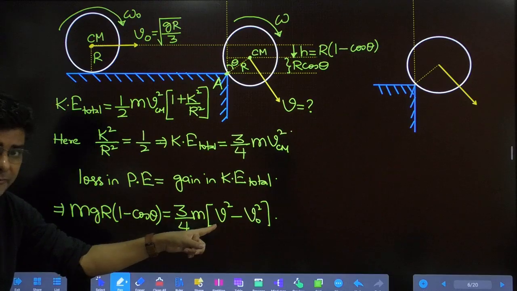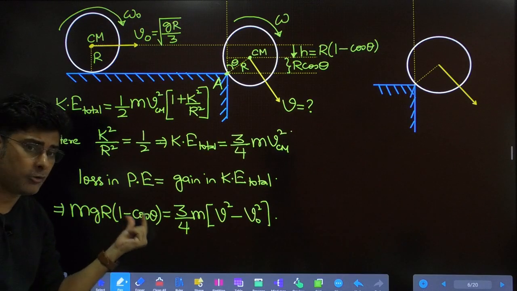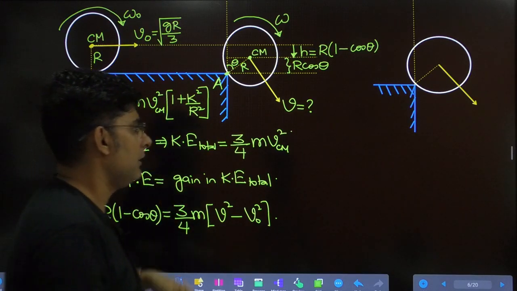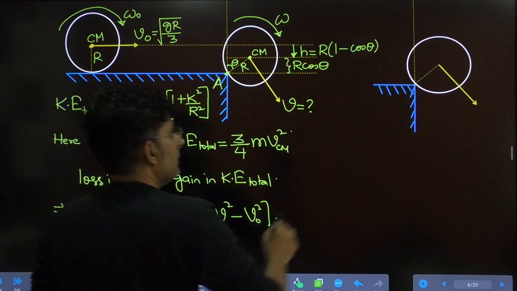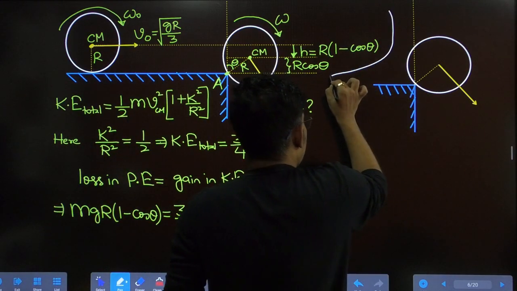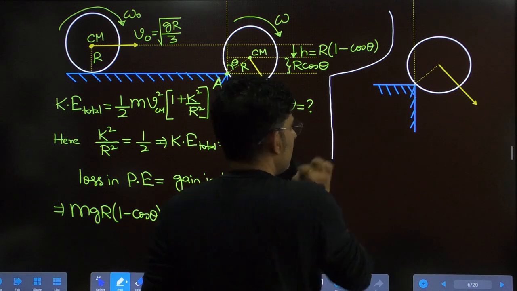Everything is known, we have to find V, but we are stuck with this cos theta. How to get it removed? For that we can see this particular diagram, which I have drawn separately.